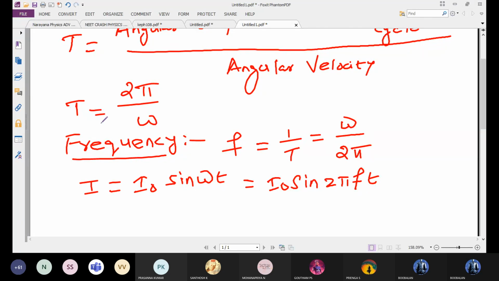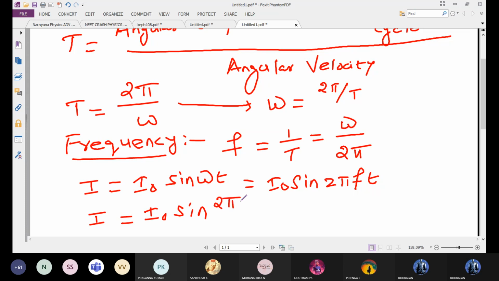We can also write omega equal to 2 pi by T. Then you will get I equal to I naught sin 2 pi by capital T into small t. Please take notes up to that.